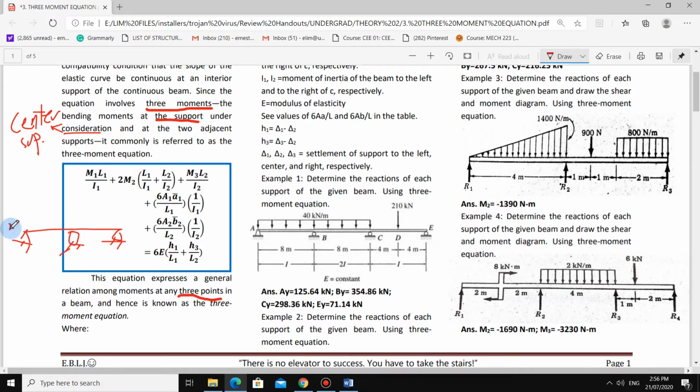So say for example this is A, then B, then C.